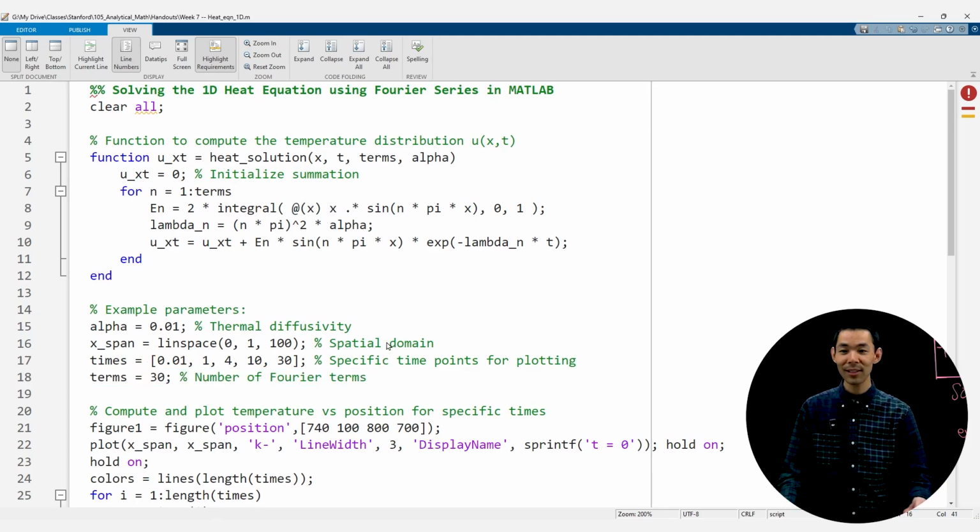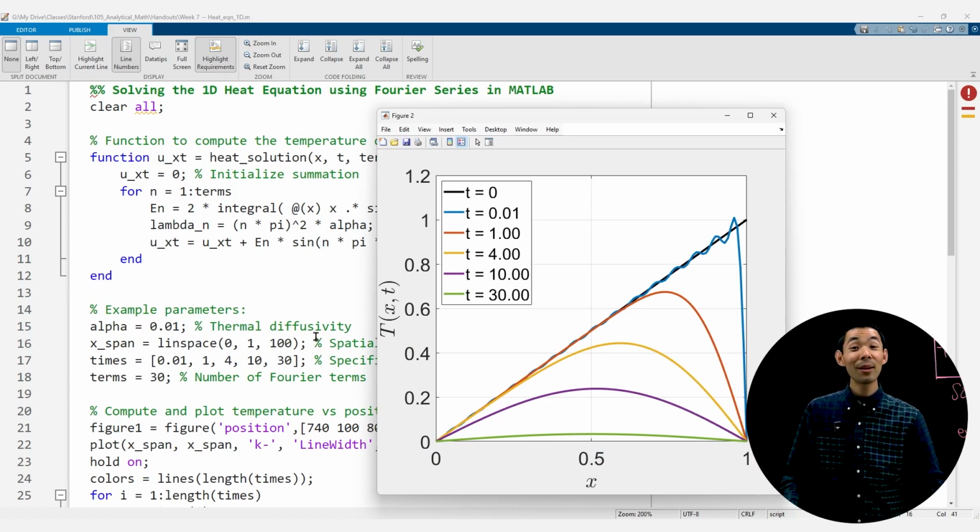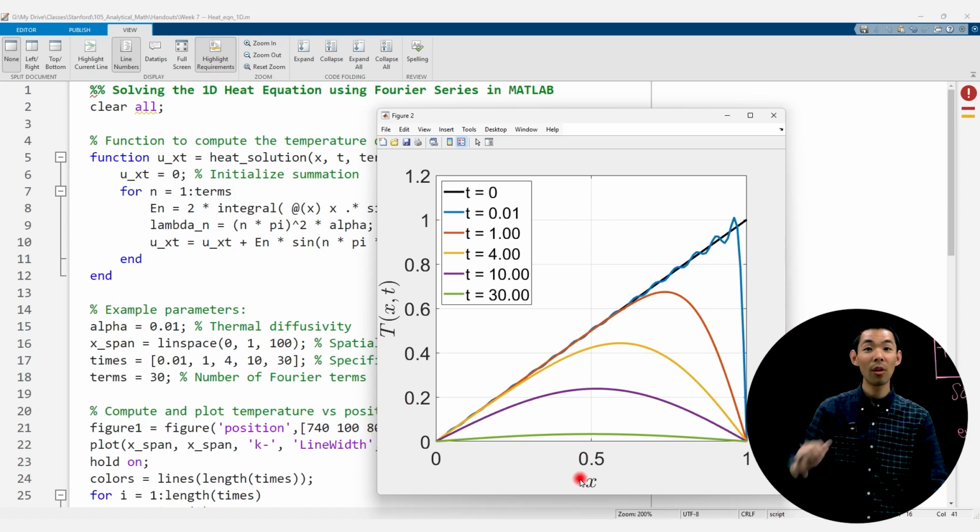So let's evaluate this. The plot looks something like this. What I'm plotting here on the y-axis is the temperature profile, T, x comma time. And on the x-axis, I'm plotting the x position, the 1D position along the slab. Now, the different colors indicate different time points of the temperature profile.